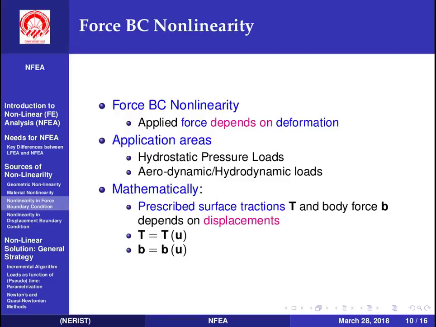For example, if I am analyzing a structure under hydrostatic pressure, since hydrostatic pressure acts normal to the surface, as the structure deforms, that normal direction will change and accordingly the load will keep on changing. So this is an example of force boundary condition nonlinearity. Mathematically, the prescribed surface tractions and the body forces will be functions of displacement in this case.